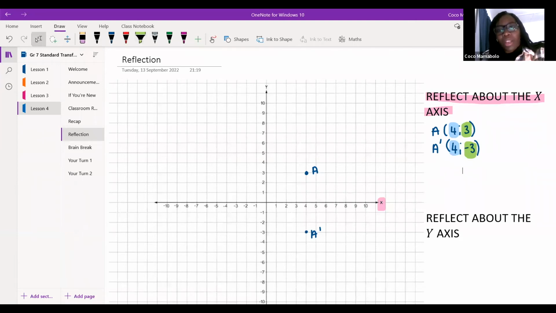Now I'm going to give you guys another one. Please, guys, give me the coordinates for B, and then give me the coordinates for B prime. Go for it, guys. In the chat. Excellent. -5 and -2.